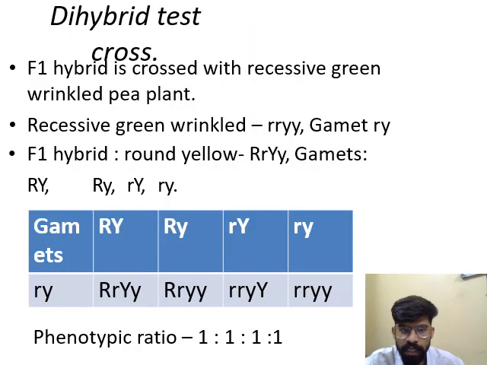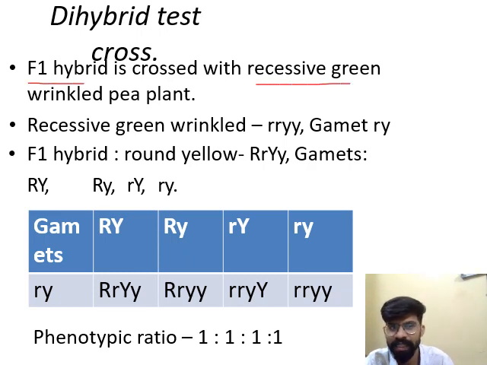Yes, this is the dihybrid test cross. What is a test cross? When an F1 hybrid is crossed with its recessive parent, it is known as a test cross. So in the dihybrid test cross, the F1 hybrid is crossed with its recessive green wrinkled pea plant, which has the genotype small r small y, and the gamete will be small r small y.